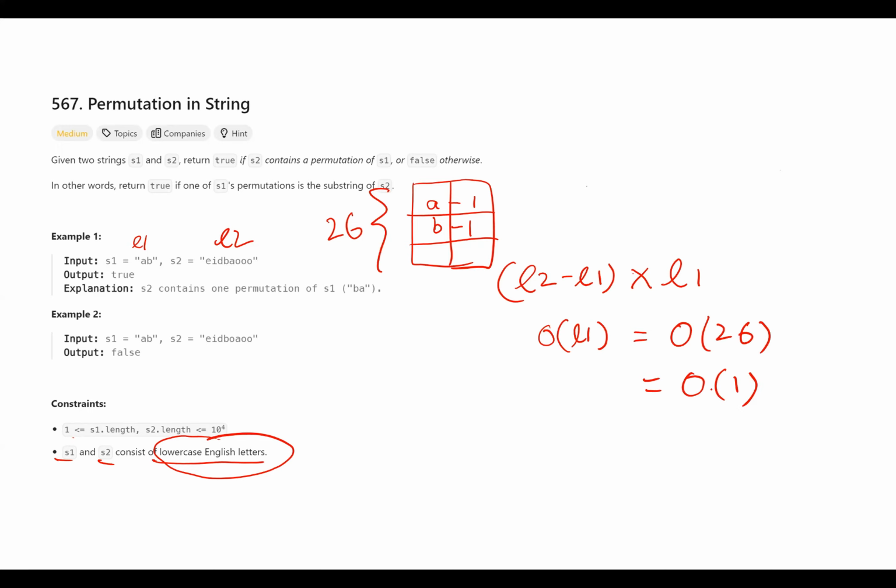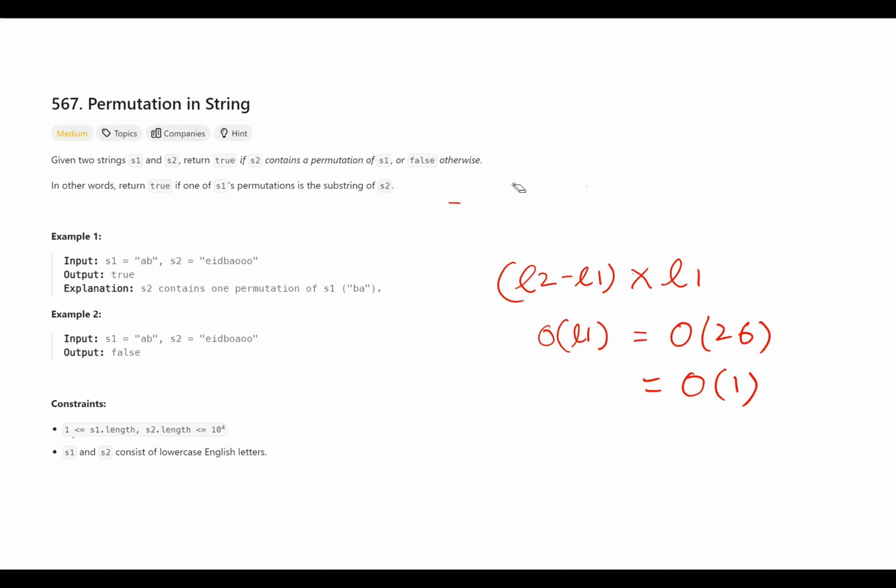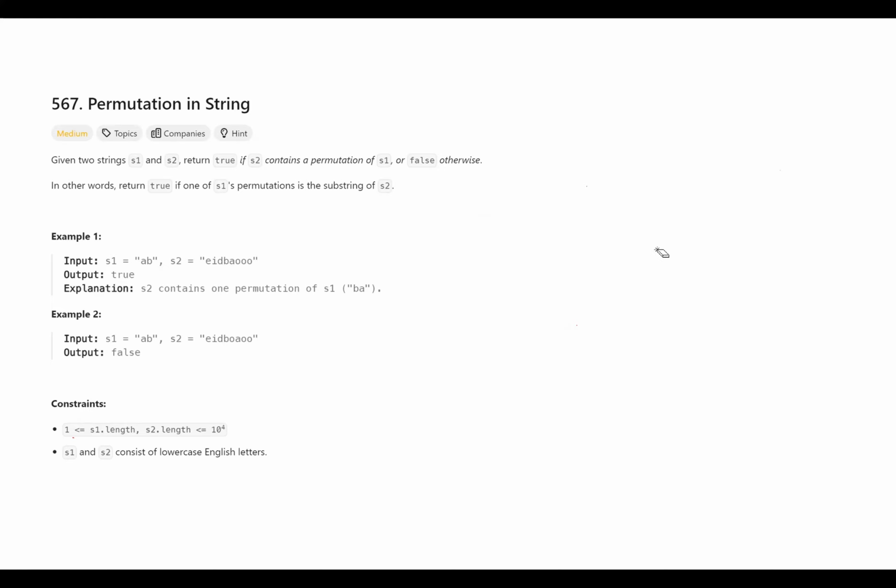Already by now you see that this is a sliding window problem. So let's see if we can solve this problem with sliding window. Let's take a look at this problem in a different approach.